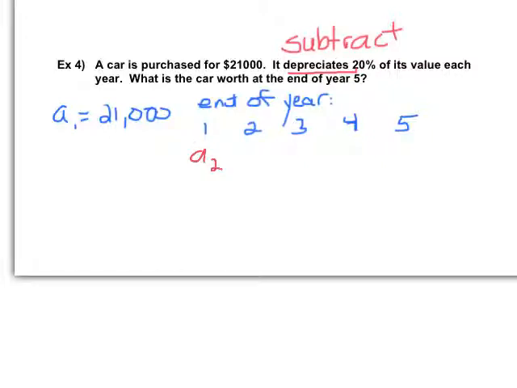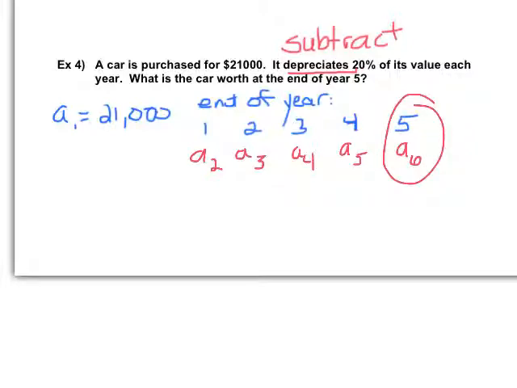End of year 2, that's my third term. And then this is a sub 4, and this is a sub 5. So I'm really looking for a sub 6. If I buy it at the beginning of one year and I want the value at the end of another year, I'm trying to find a sub 6.